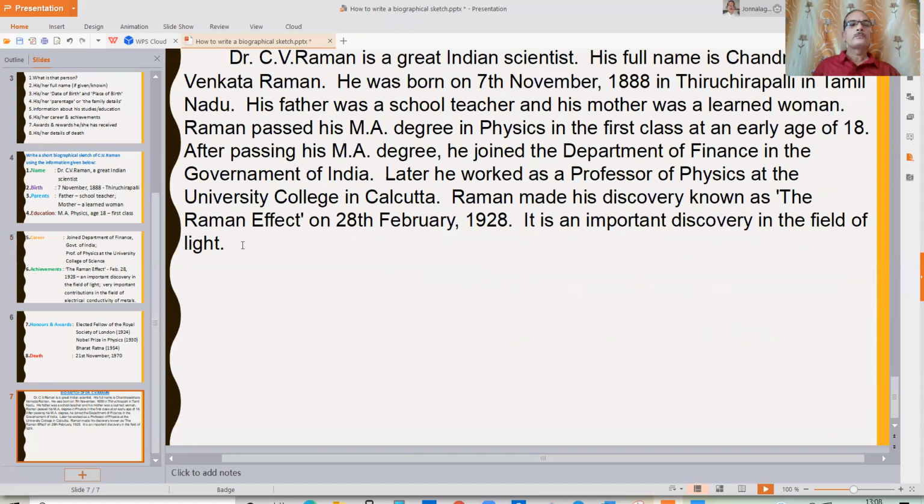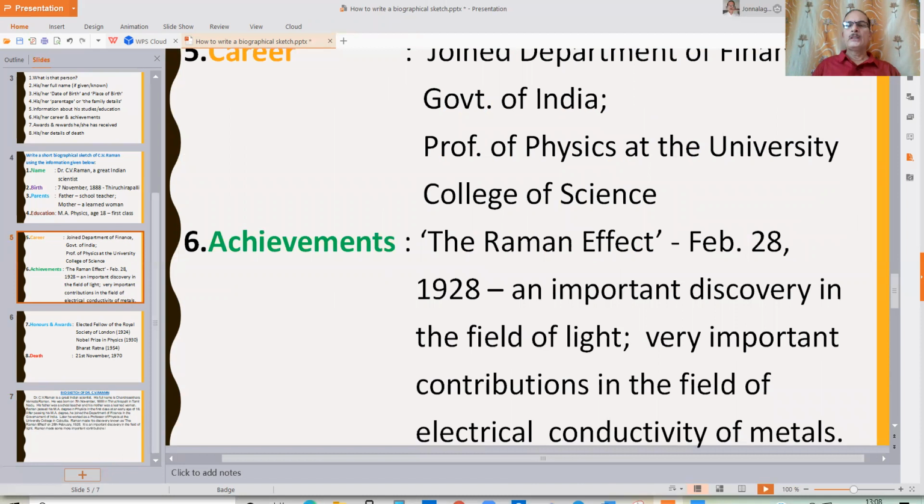That's why Raman made some more important contributions in the field of electrical conductivity of metals.